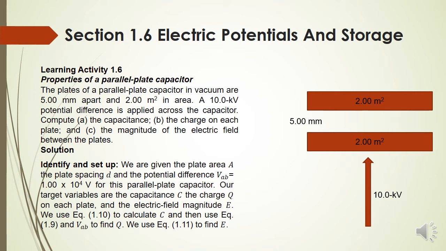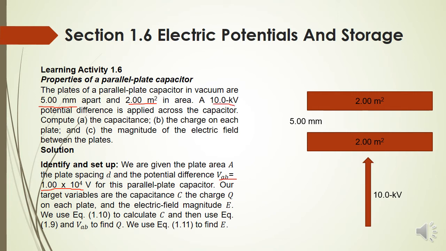And for this problem, we are given the area, 2 meter squared, the distance D, 5 mm apart, and the potential difference VAB equals 1 times 10 to the 4 volt or 10 kilovolt.